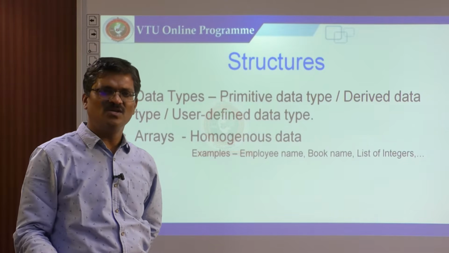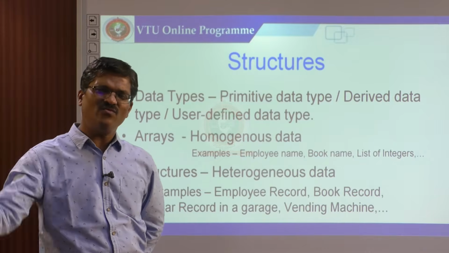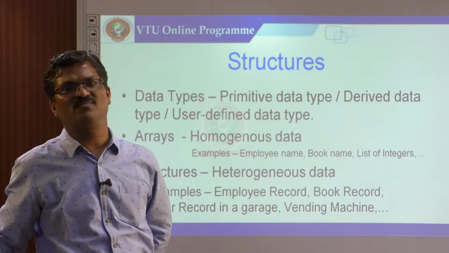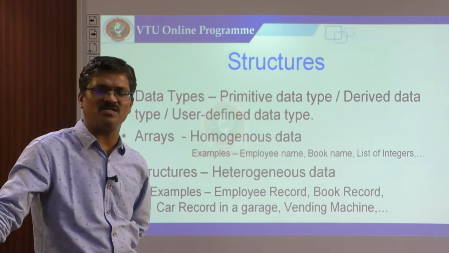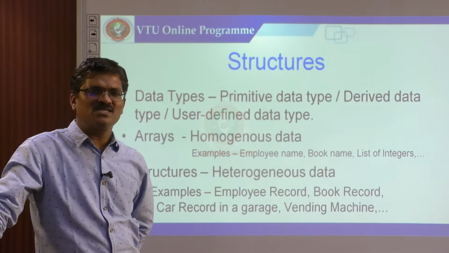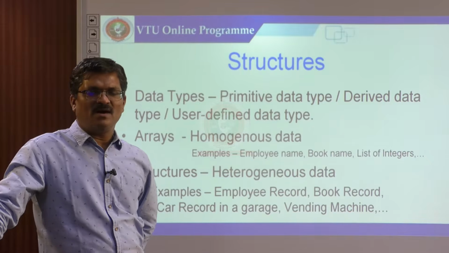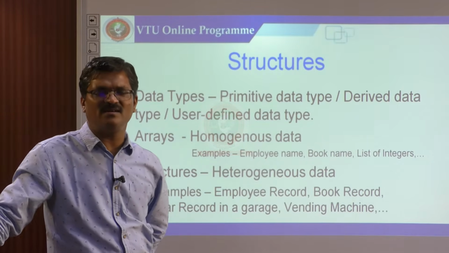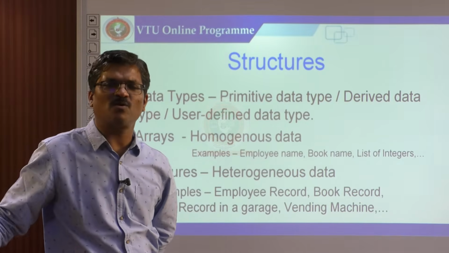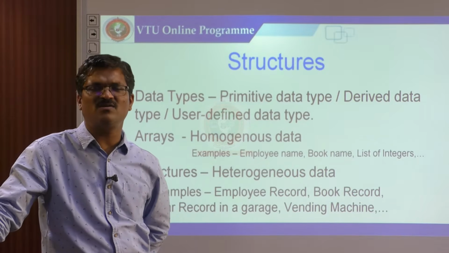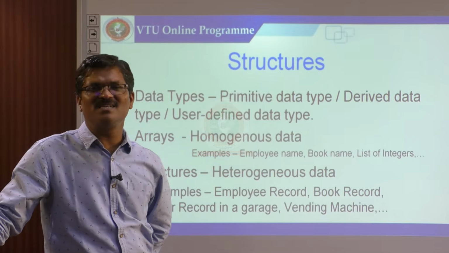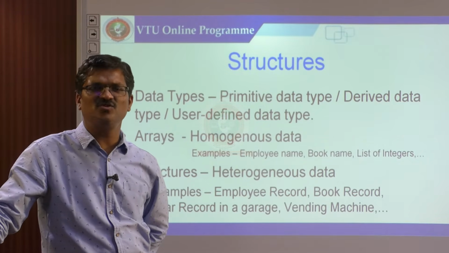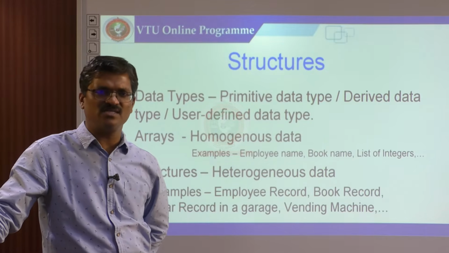Whereas when we have to store heterogeneous data, that is where structures or unions come into the picture. A structure is a data type that helps in collecting the different attributes or properties belonging to a particular object or entity and grouping them under a single name, whether the data is similar, homogeneous, or heterogeneous.